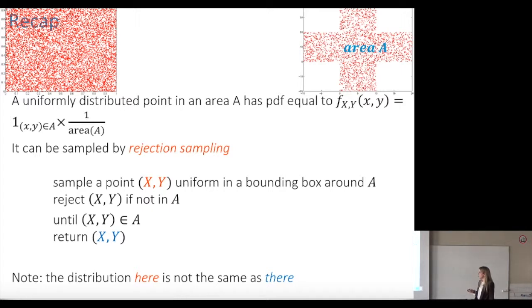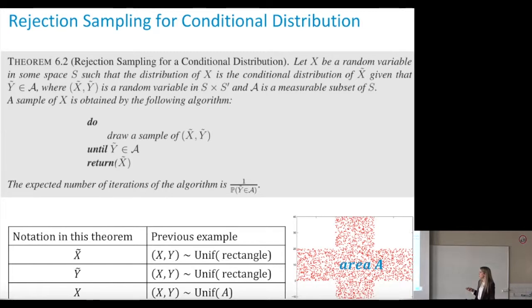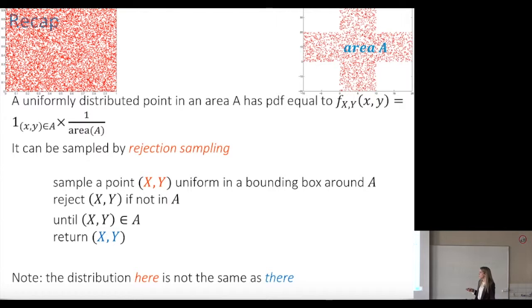Otherwise, we reject it and we repeat the sampling. So if we see here the correspondence with the theorem, we draw a sample of x tilde, y tilde. We draw a sample of a point x comma y. So both y tilde and x tilde are the same, and are x and y that are uniformly distributed in the rectangle. And we check.